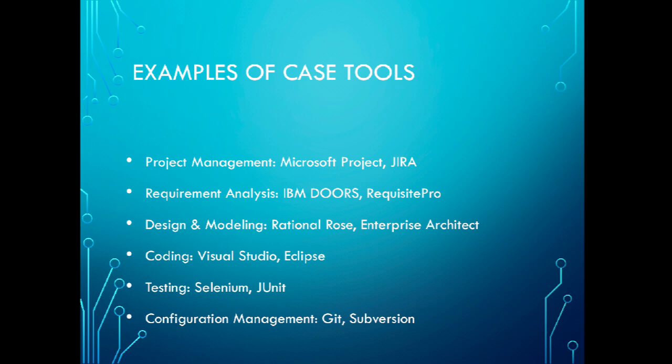If you have ever used GitHub to manage your source code, you have already used a sophisticated CASE tool. As you can see, CASE isn't just a theoretical concept. It's a collection of tools you will use every day in your career to build, test, and manage software more efficiently.